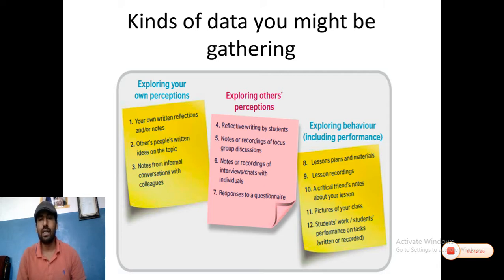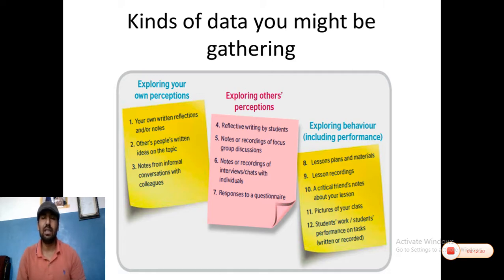And the third one is exploring behavior, including performance in the real classroom, how the students are performing. So lesson plans and materials can be the tool. Lesson recordings, critical friends' notes about your lesson after observing your own class, and pictures of your class can also be the data. Students' performance on task, written or recorded.